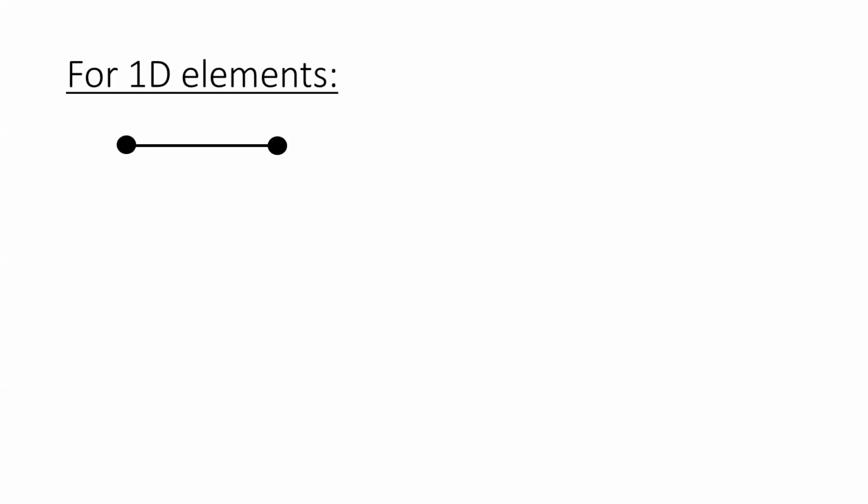On the screen on display is a line element. It consists of two nodes, one node at the left end, the other node at the right end. Node number 1 is located at a coordinate location of x1, and the unknown parameter happens to be t1.